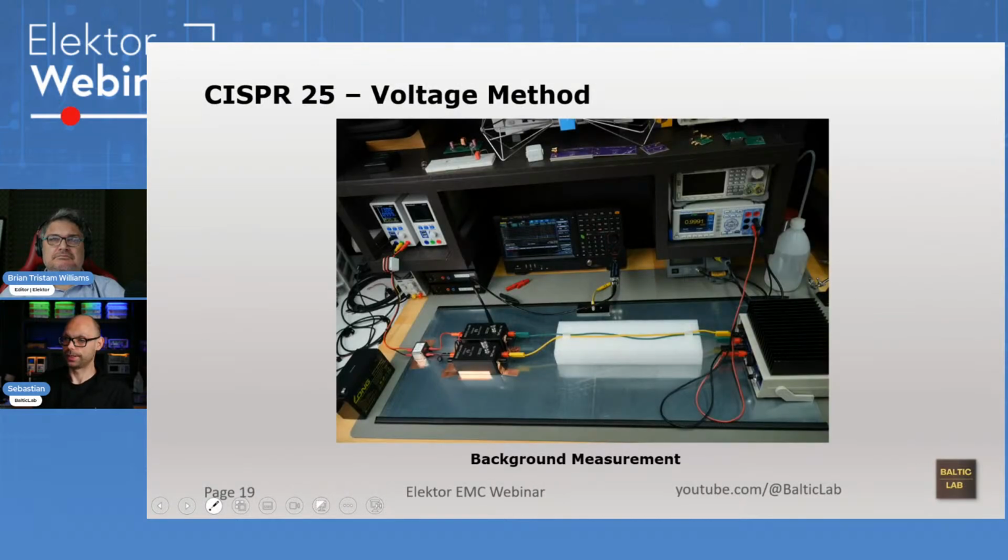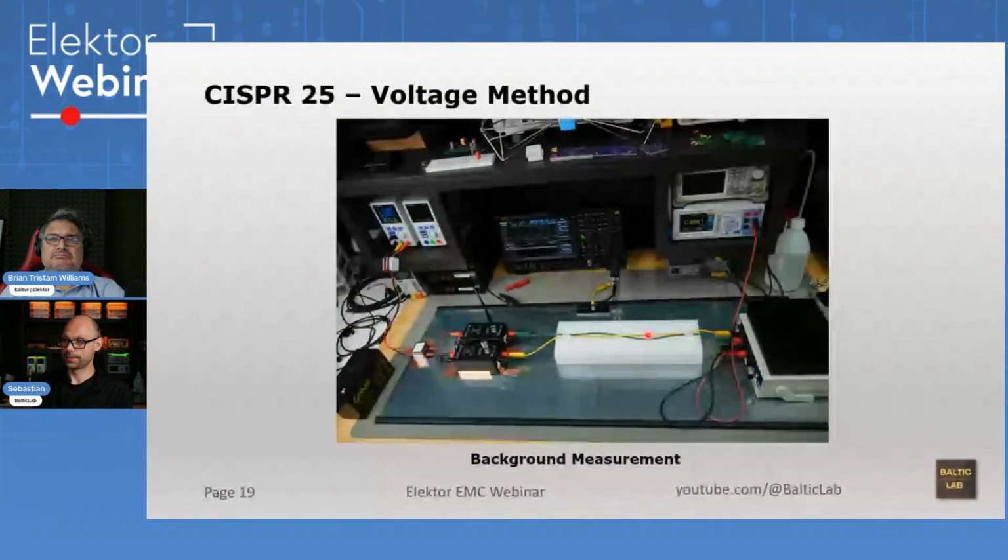I thought I had another picture of that. Yeah, I do, there. So we see, this is just my background measurement that I'm gonna explain in a second, but everything is away at least 10 centimeters from the edges, except the power filter and the load, but that is okay. What I'm doing here, I do not have a device under test. I'm just connecting the LISN's power output directly to the load, run the cables over this styrofoam, and all I'm gonna do here is measure a background.